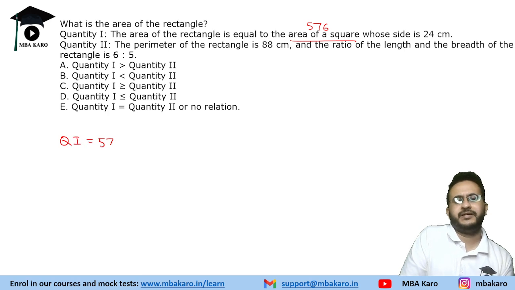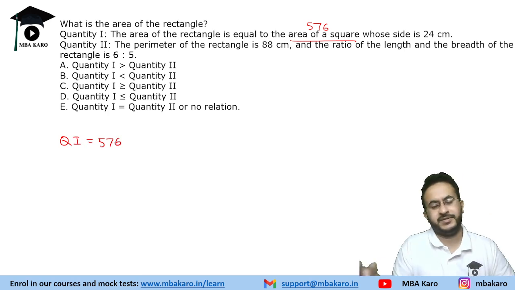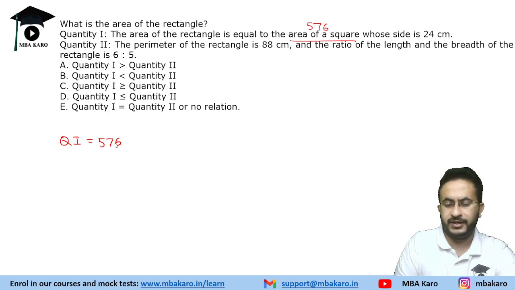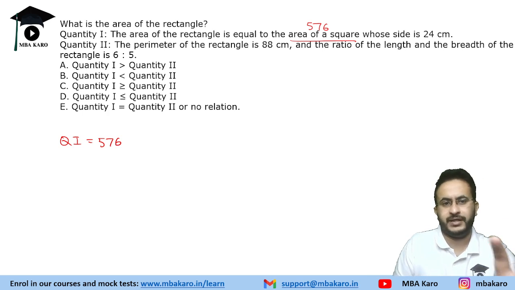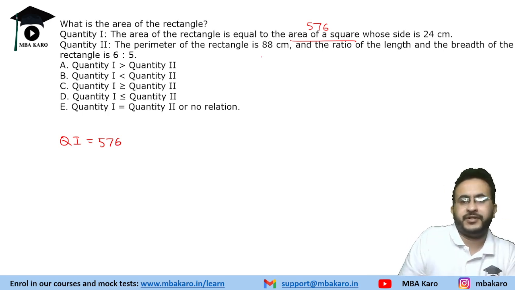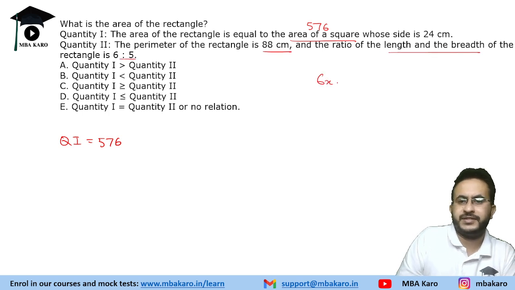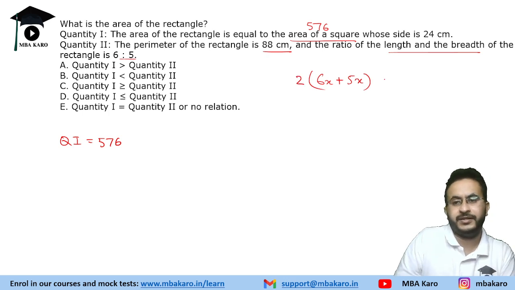Sometimes they will directly give you the quantity, or sometimes they will give you a very easy statement for a quantity. So take that. Perimeter of the rectangle is 88 centimeter. Ratio of length and breadth is 6 ratio 5. So we have 6x and 5x, and the perimeter is 2 times L plus B, which is equal to 88. 11 into 2, 22.